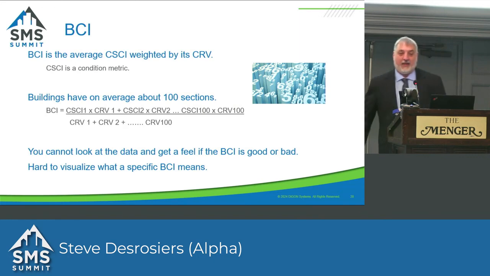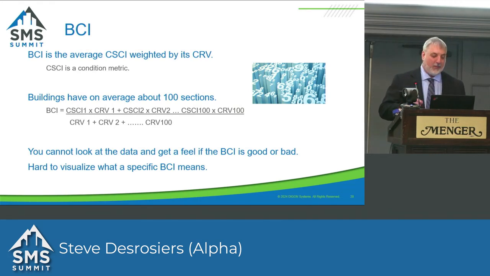Now, BCI. This is tough. I hate explaining BCI, right? Even to the audience who knows it, right? So BCI is the average CSCI weighted by the replacement value, okay?